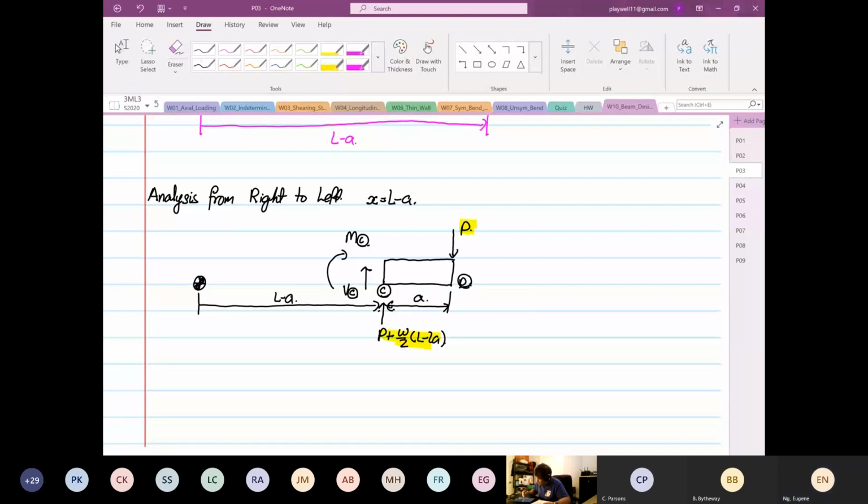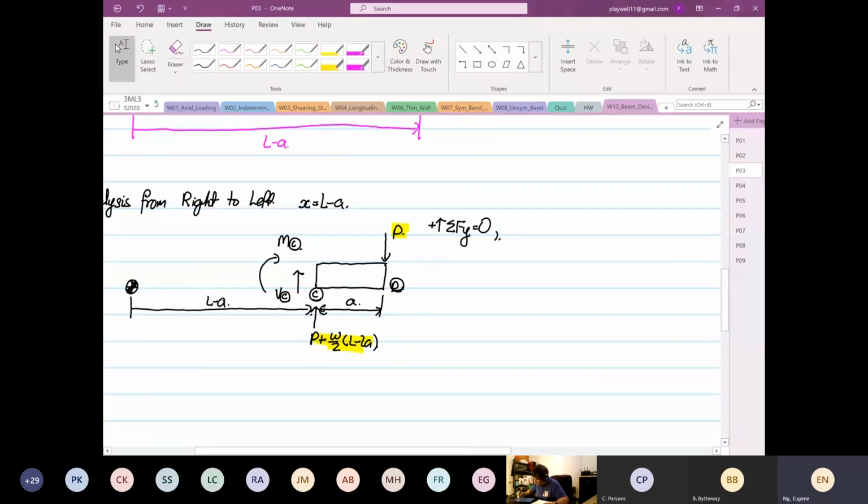So now we are going to do summation of forces in the y direction, which will be equal to 0. So it will be equal to P minus P plus omega over 2 (L minus 2A), plus V at point C, the whole thing is equal to 0.